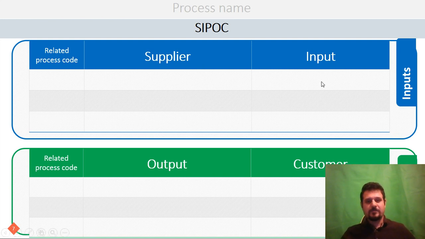Now we have determined what information is the input of our process, and next we should determine what the output of the process is. When we talk about output, it is the output across the boundary of the process, not just the end of the process. For example, in the middle of the process, we need to get some information from our supplier for purchasing. So we send a specific form, and also we receive the answer.